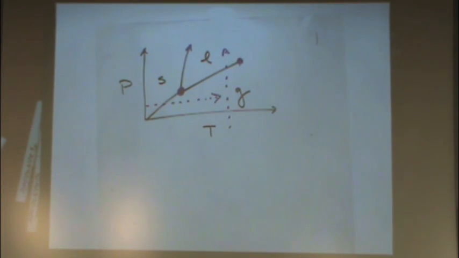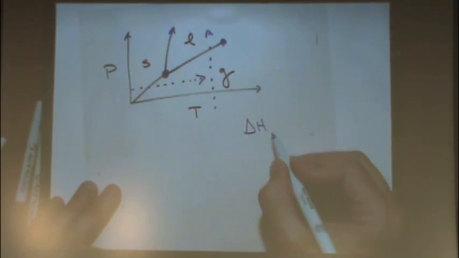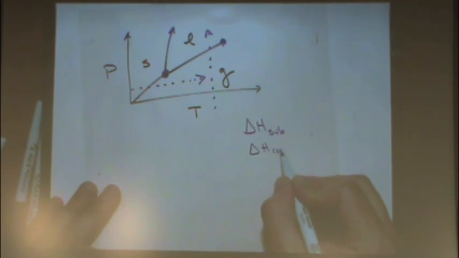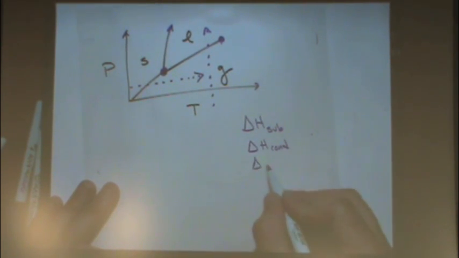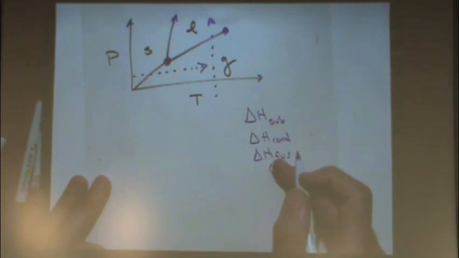Somebody asked me, so we might as well do this now. Delta H, so usually there's delta H of sublimation, delta H of condensation, vaporization. The only funny one is fusion. This is what phase change? Melting, so that's solid to liquid.